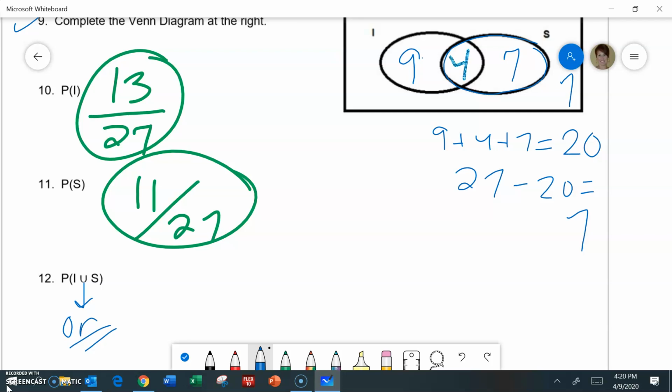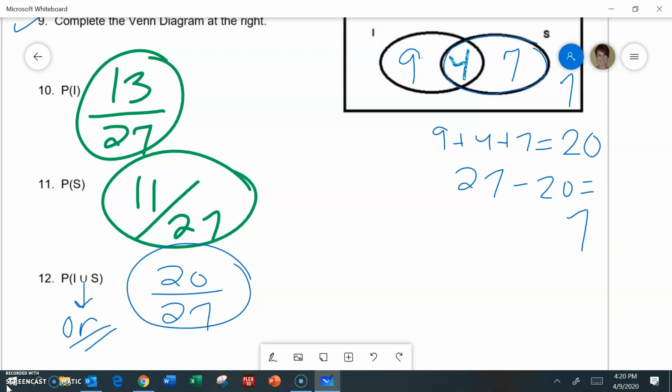So that means we want to include all the icings, which would be 9 of them by itself. 4 of them have icing and sprinkles, and 7 just have sprinkles. So if we add those up, we get 20. So 20 out of 27 would be our final answer. So really the only thing we can't include are the 7 that don't have anything on them, okay?